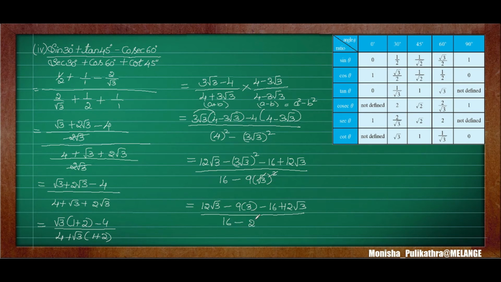So 9 3s are 27. So 12 root 3 plus 12 root 3 minus 9 3s are 27 minus 16 whole divided by 16 minus 27 is 11. Okay, it is minus 11.